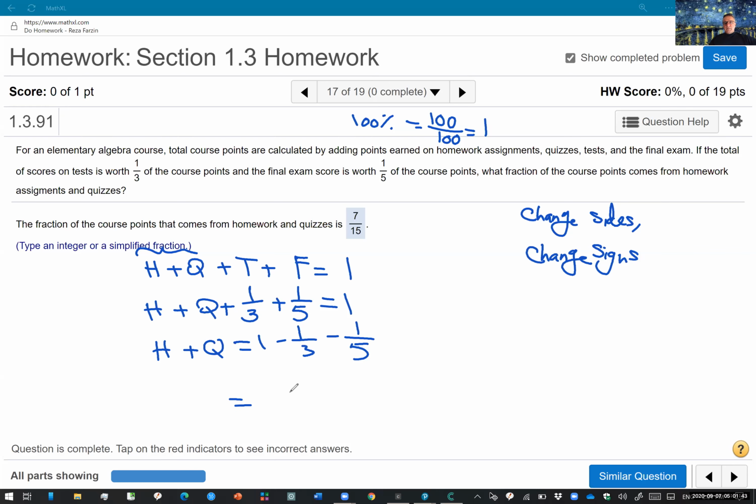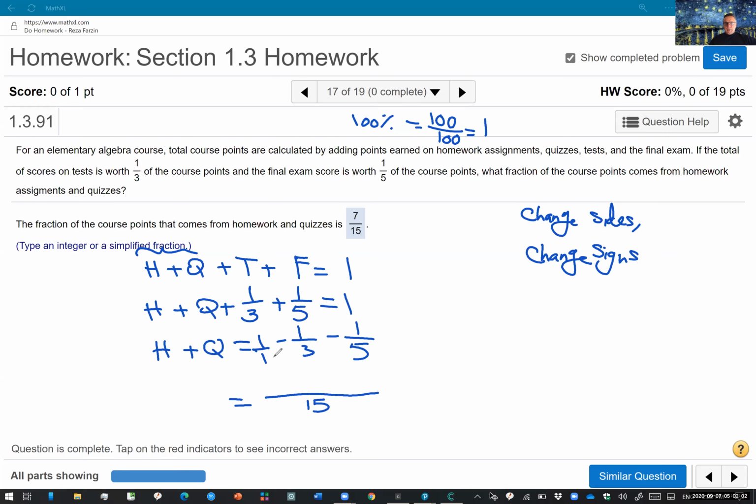So now, let me go ahead and throw 1 under there so you can see that's a fraction too. What's the LCD? 15? Nice. So what is the first denominator going to need?